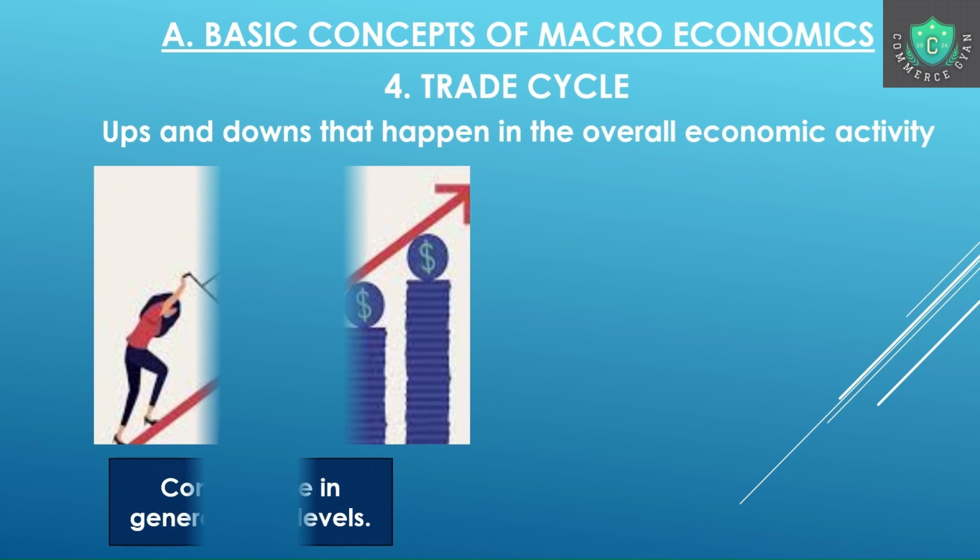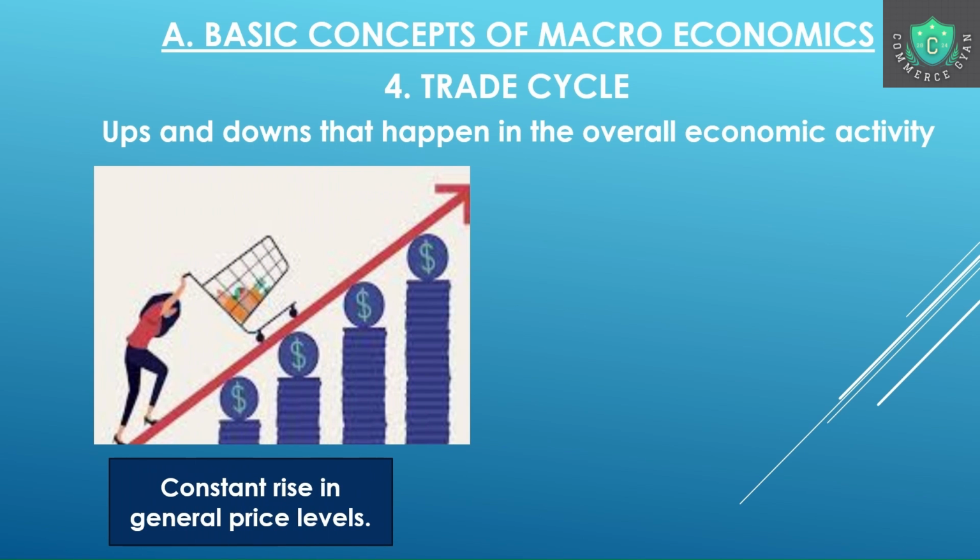On the same basis, if we talk of a nation, there will be some or the other trade cycle which goes on in that nation. There will be ups and downs in the economic activity of that entire nation. And this can lead to a constant rise in prices. If that is happening, then it is inflationary trend.